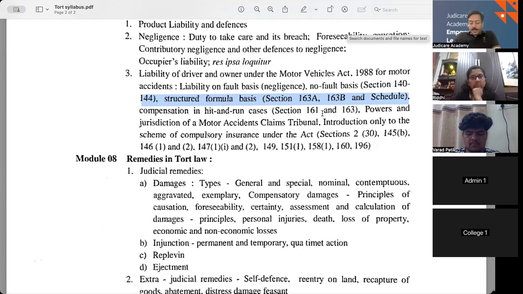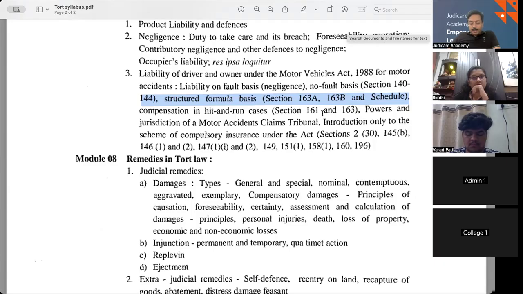It should not apply to any vehicle owned by the central government or a state government and used for government purpose unconnected with any commercial purpose. This is not required for any government vehicle. Why? Because the compensation can be paid by that particular department of the government through the Central Insurance Council.